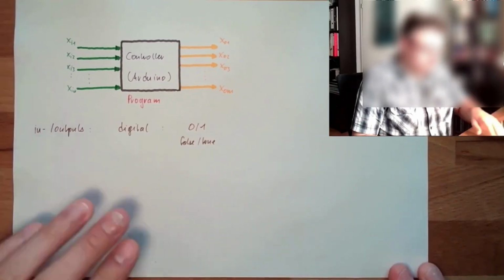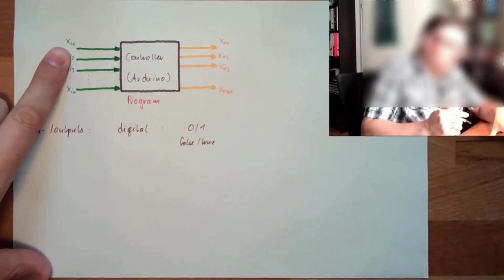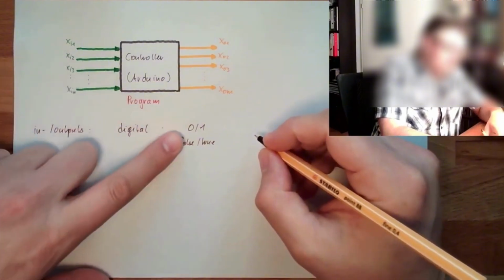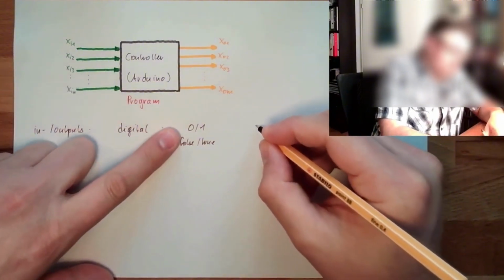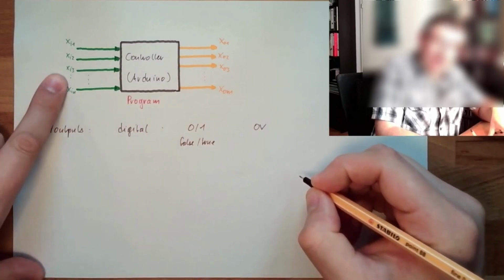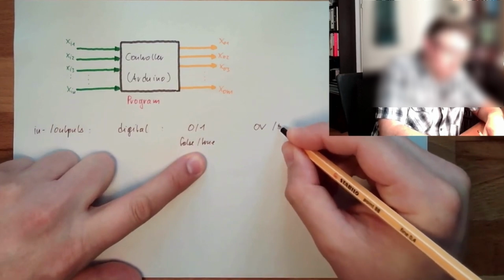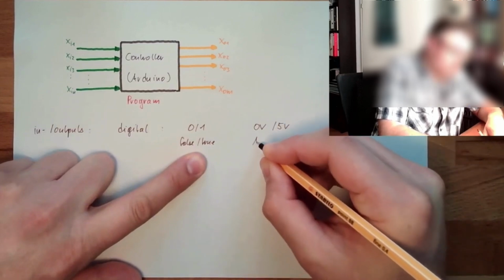In our Arduino world, this means for false or 0, we have 0 volt, and for high or 1 or true, we have 5 volt. This is Arduino.